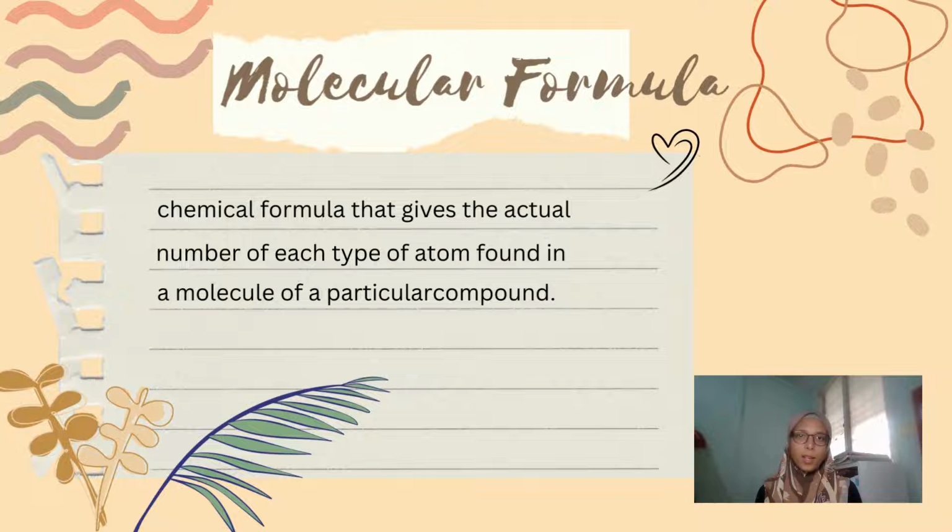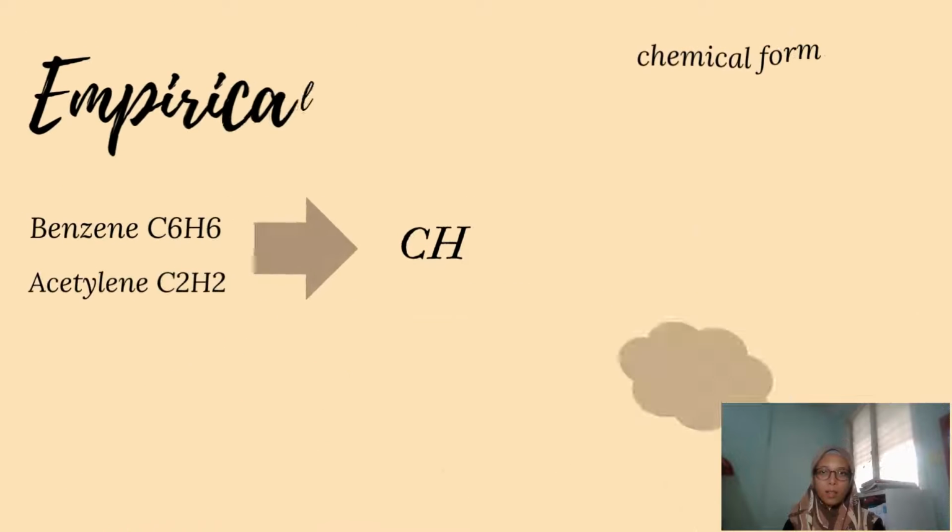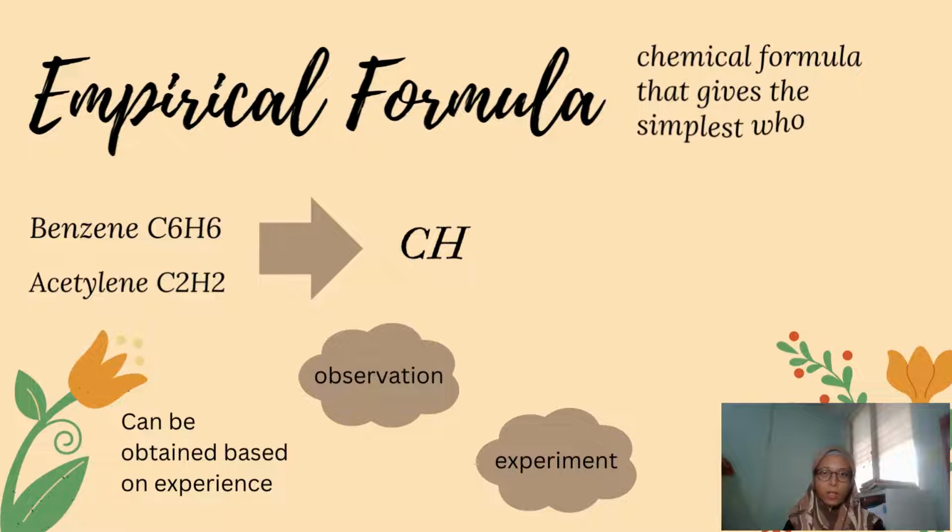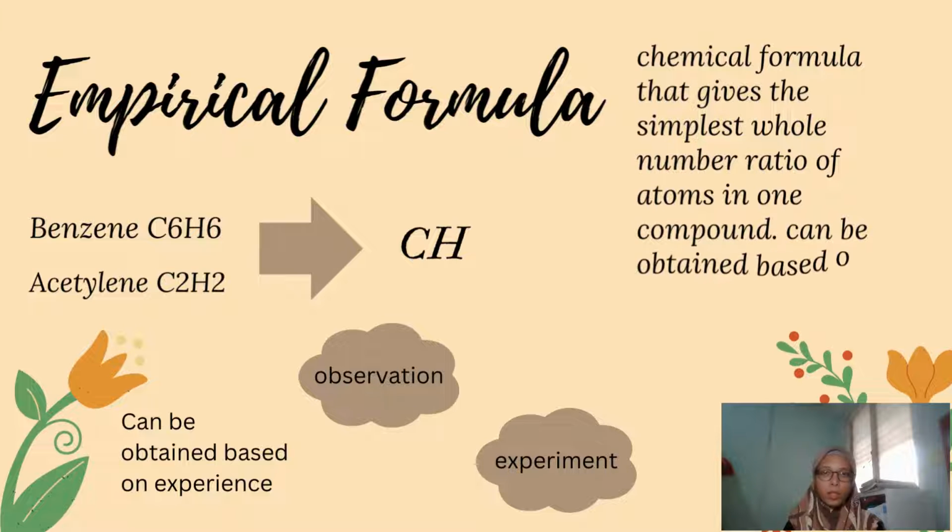The second chemical formula is empirical formula. Empirical formula is a chemical formula that will give us the simplest mole number ratio of atoms in one compound.